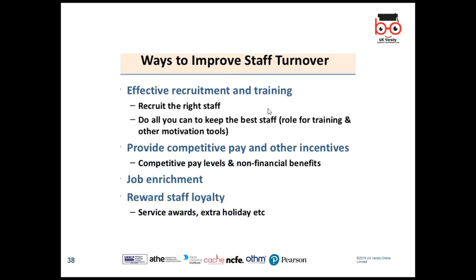Ways to improve staff turnover: how can we improve effective recruitment and training, recruit the right staff. How can we keep the best staff? The role of training and other motivational tools, providing competitive pay and other incentives. Maybe you can reduce the number of days to work, or you can provide flexible working in line with the legislation as well. Job enrichment, what is meant by that?